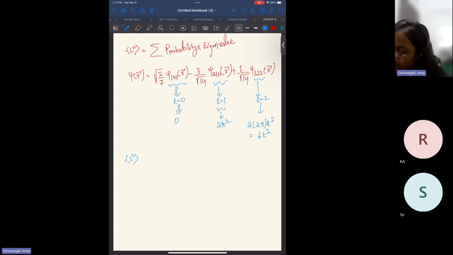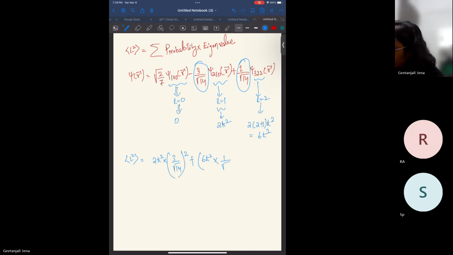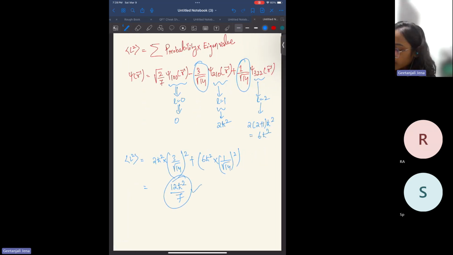So the L square expectation will be 2 h cut square multiplied by its probability, which is the square of this term, plus 6 h cut square multiplied by the probability, which is 1 by root over 14 square. If you solve it, you will get 12 h cut square by 7.